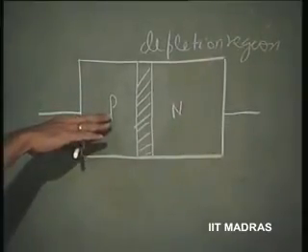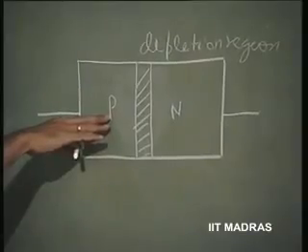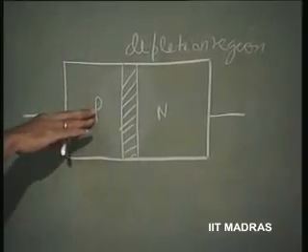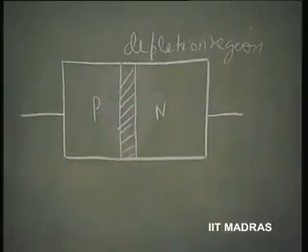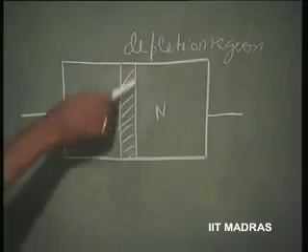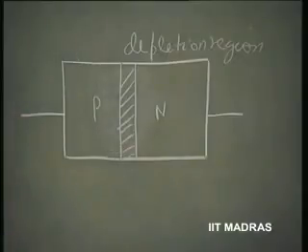The P side comprises free carriers which are called holes. The N side comprises free carriers which are called electrons. Since they are free carriers, the moment they are brought together and the junction is formulated, they have a tendency to merge with one another. A hole has a tendency to merge with an electron and vanish. Then this region at the junction becomes free of carriers.